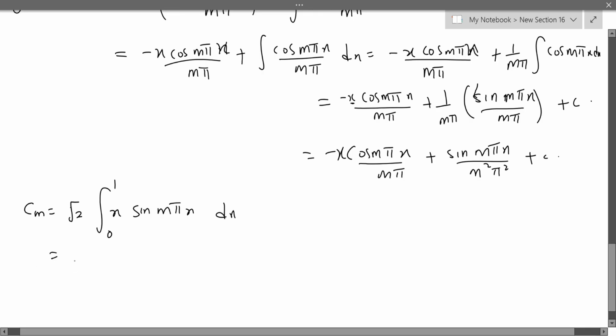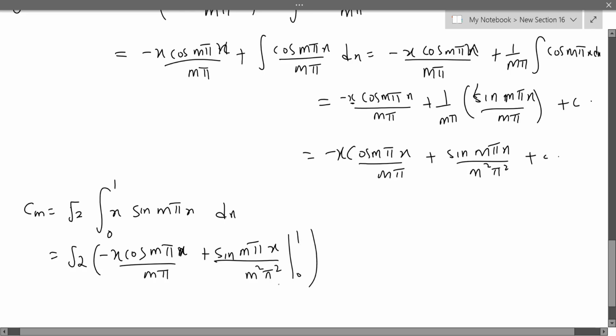Now we have root 2 times minus x cos m pi x over m pi, this is x, plus sine m pi x over m squared pi squared. So we have the limits now.